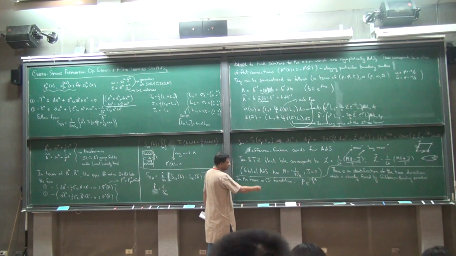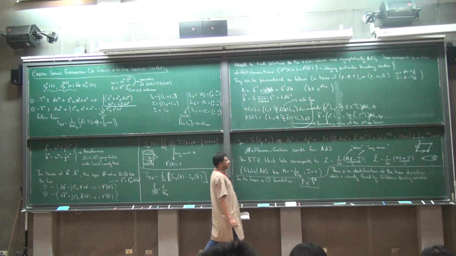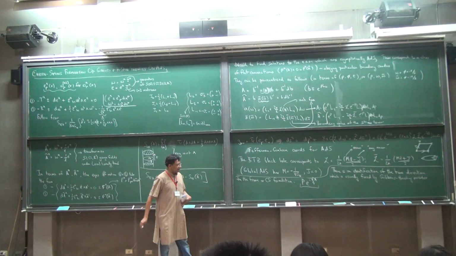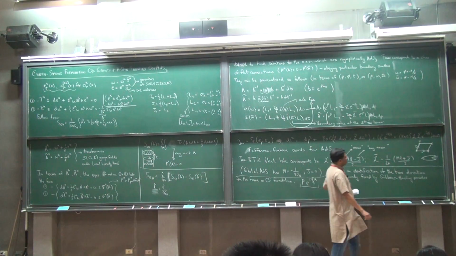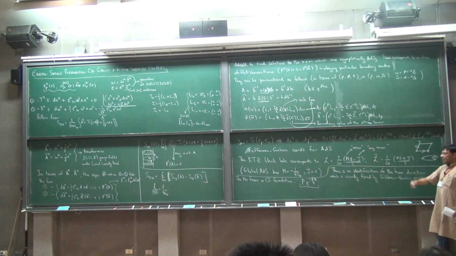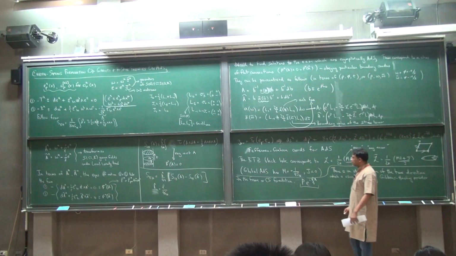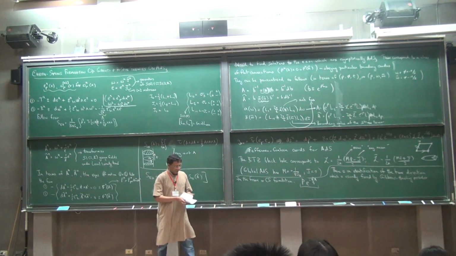So you can look at this matrix. Its eigenvalues are gauge invariant by construction. That's what the path-ordered exponential does for you. In fact, you normally take the trace to define, say, the Wilson loop, but you can look at all the eigenvalues. They are also gauge invariant.